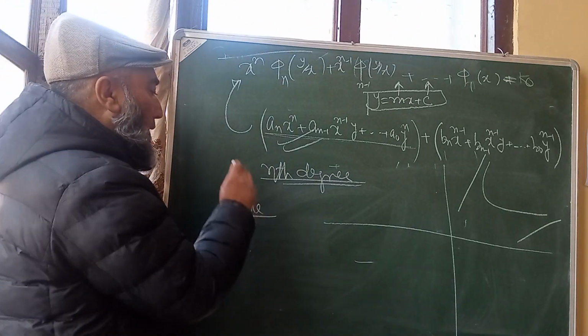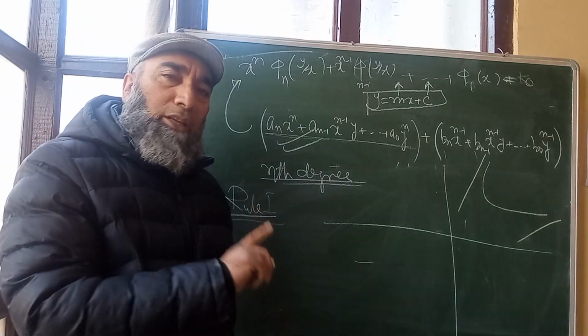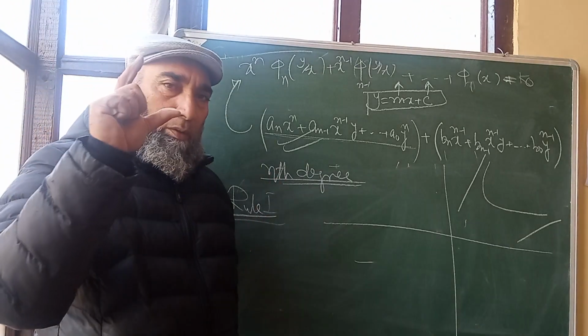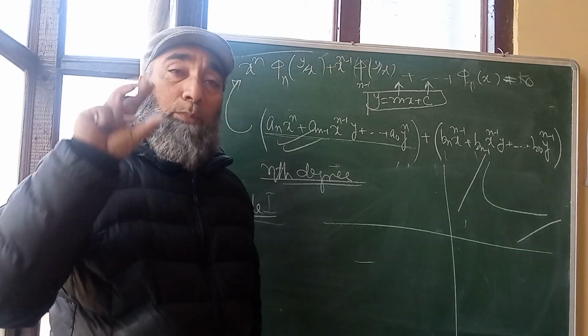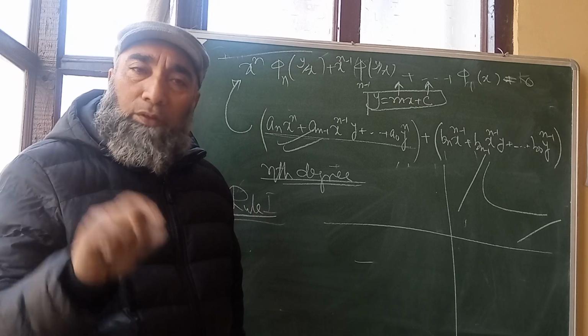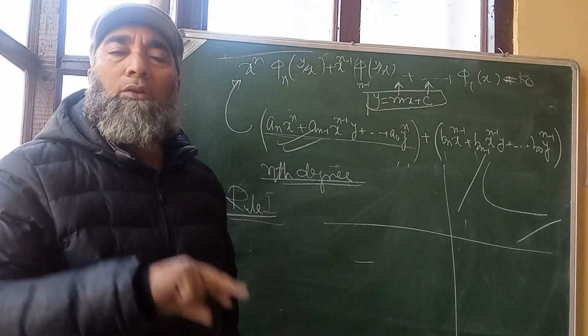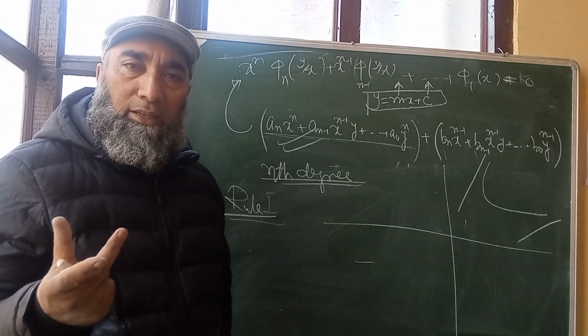Now, what's the rule? The thumb rule is that if in an nth degree equation the highest powers x raised to n and y raised to n are present, then there will be no parallel asymptotes. If it is a cubic, and you have x cube and y cube present, then there are no asymptotes parallel to either axis.